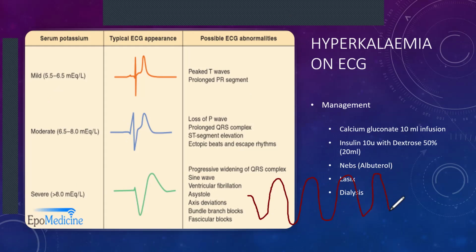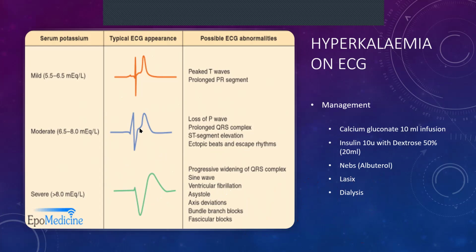And if you've done trigonometry at school, that should look quite familiar because we all learned the sine wave in trigonometry, so that's why they call it the sine wave. So this is how potassium progresses as it's going on. And as you can see, eventually you can get ventricular fibrillation, asystole, axis deviations, bundle branch blocks, and fascicular blocks as well.